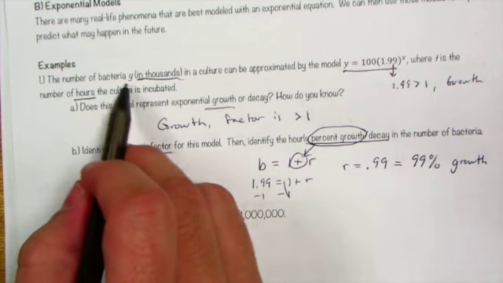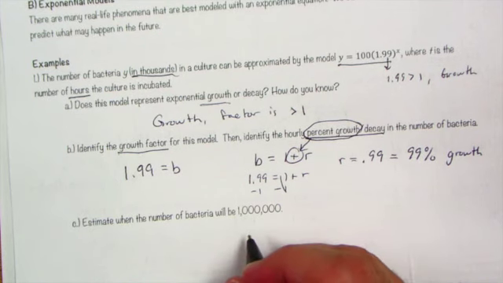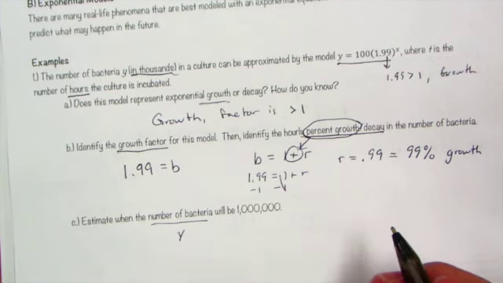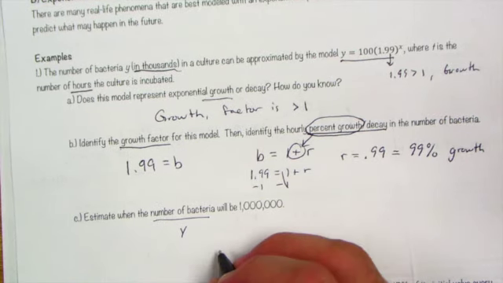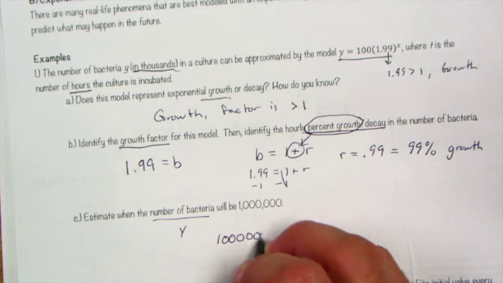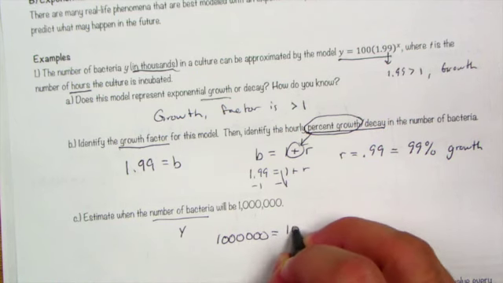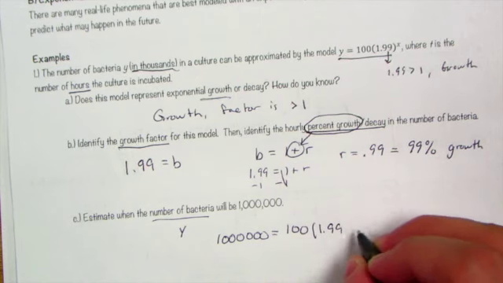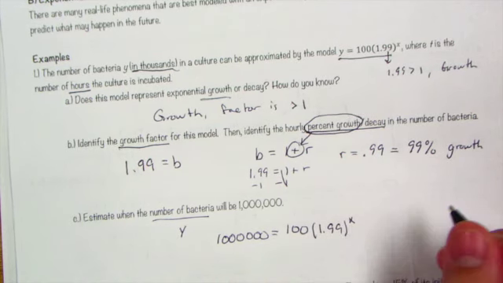So when it asks for the number of bacteria, it's really asking for y. So in our function, y is going to serve as 1 million equals 100 times 1.99 to the x.